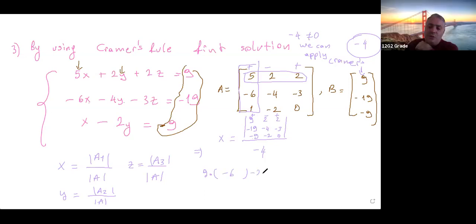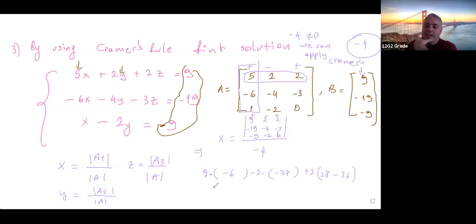And then minus 2 times, close this, it is +28, but there is minus, so -27, close this, it's 38, minus 4 and 9, 36.